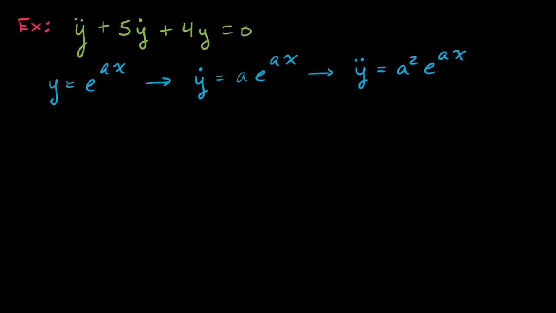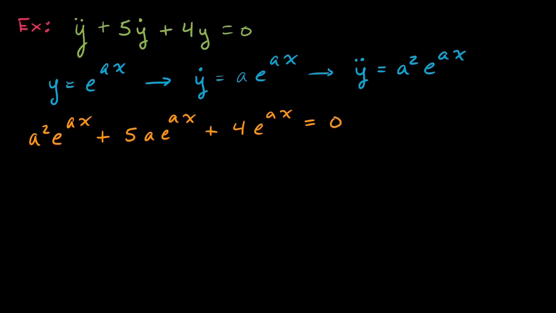So y double dot first: a squared e to the ax, plus 5 a e to the ax, plus 4 on our y term, which is e to the ax, and that equals 0.